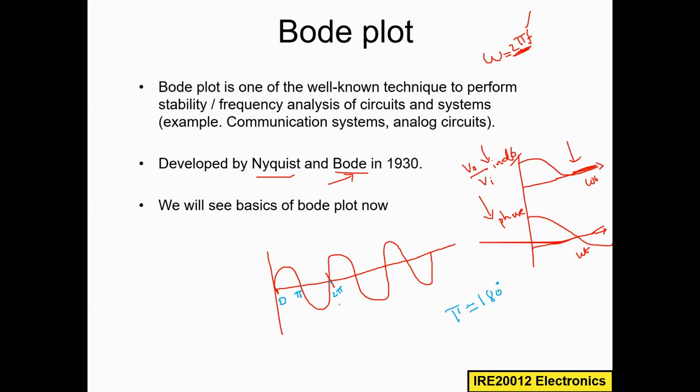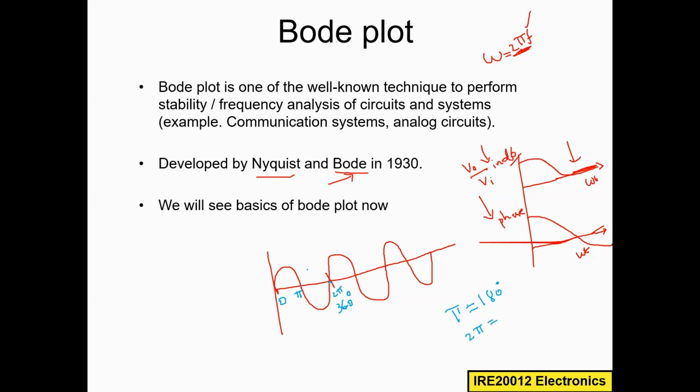So 2 pi is equal to 360 degrees. Whenever we analyze sinusoidal signals, one full cycle is 360 degrees, or we can simply call this 2 pi. So we are analyzing one single cycle.